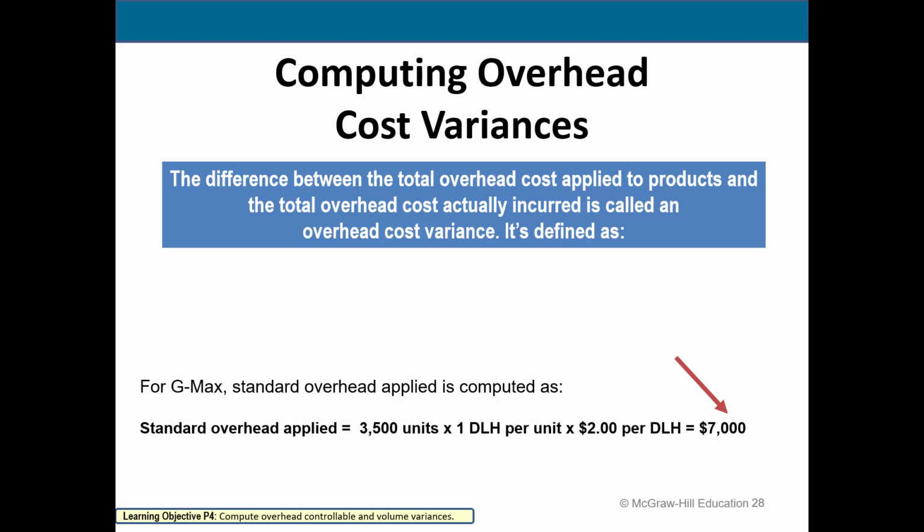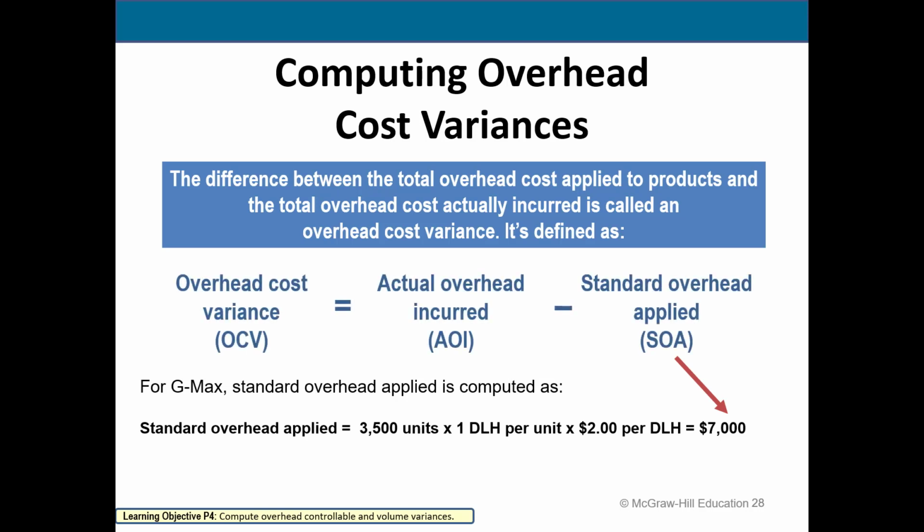So this is how overhead is applied. To compute the overhead cost variances, we will look at the difference between the total overhead applied and the total overhead actually incurred. This is called the overhead cost variance, the actual minus the standard.